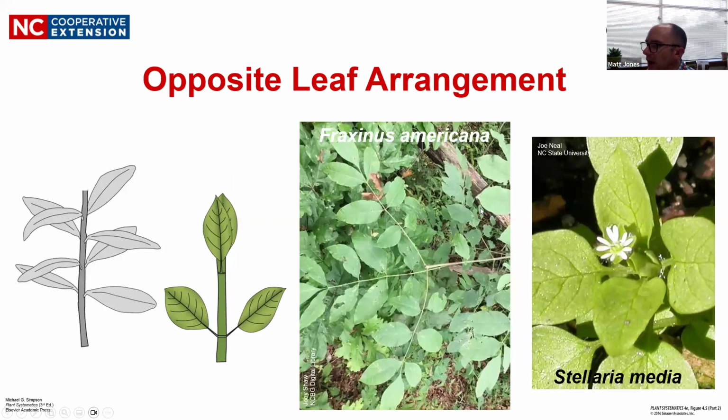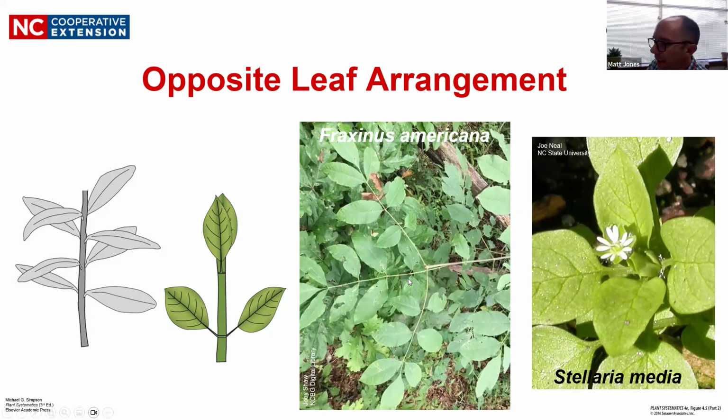Here are more examples of opposite leaf arrangements. There tend to be specific families that are well known for having opposite leaves. Among them is the olive family, which includes ashes. So Fraxinus americana here, American ash. Fraxinus americana is the Latin name, the real name.